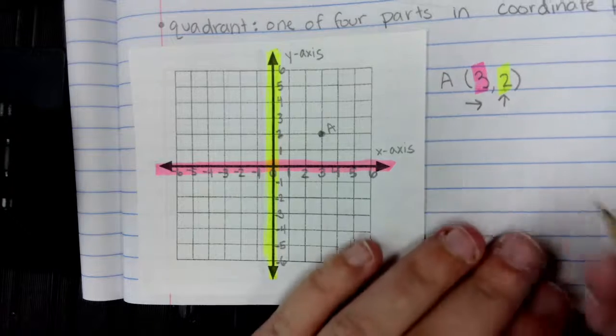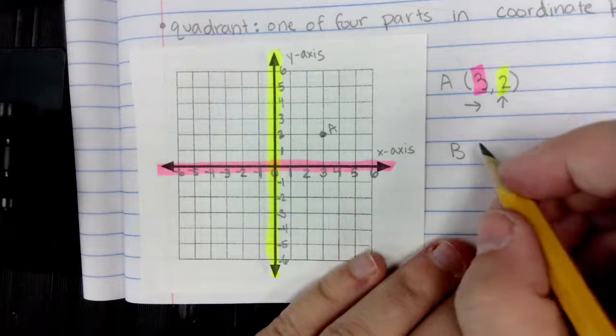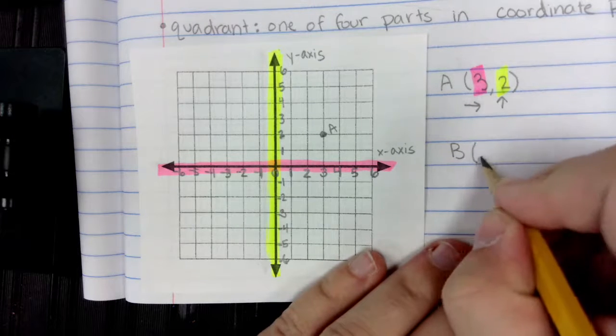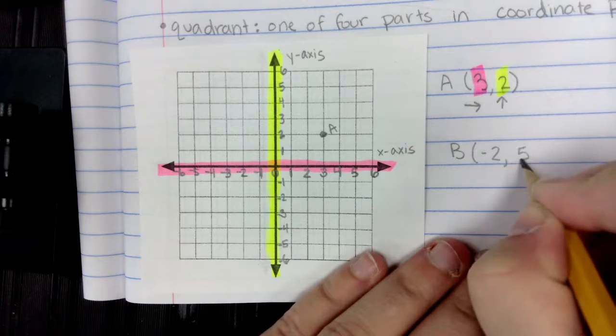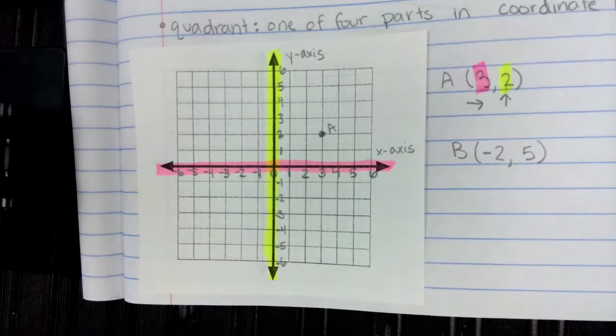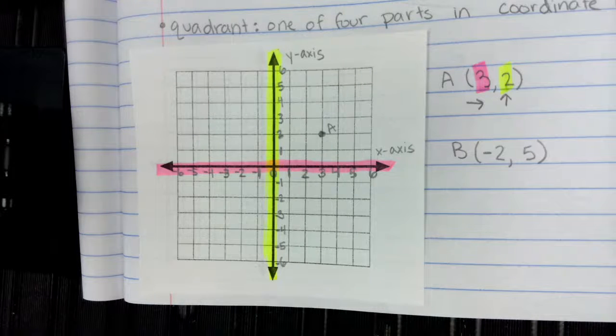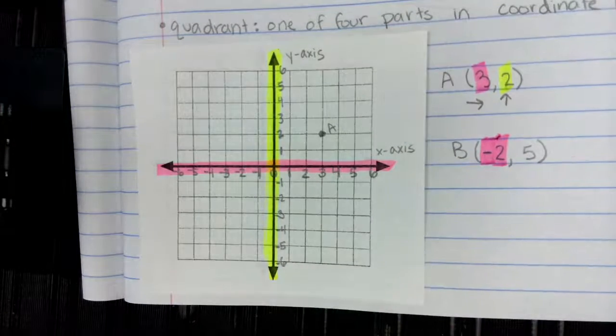All right, so for B, we have -2, 5. Which of those numbers is the x? -2. Good, -2. Which number is the y? 5.